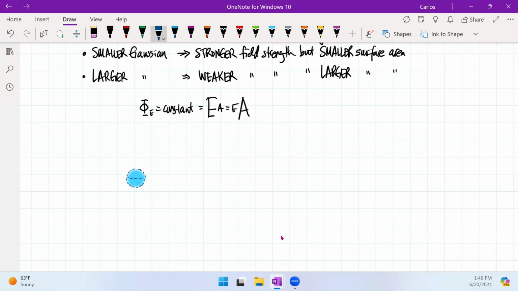Now, if I pick the other surface, you can see here that clearly this is a larger surface. So when I look at this guy, once again, I'm saying that this is an opaque surface because we can't see inside.